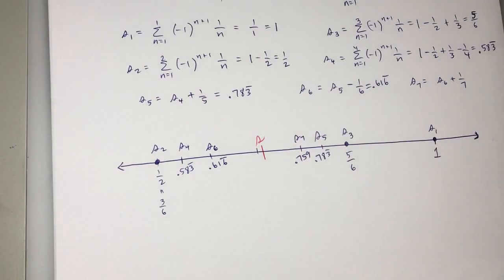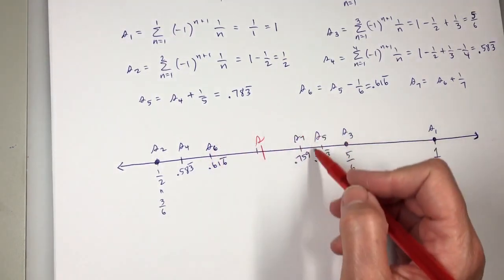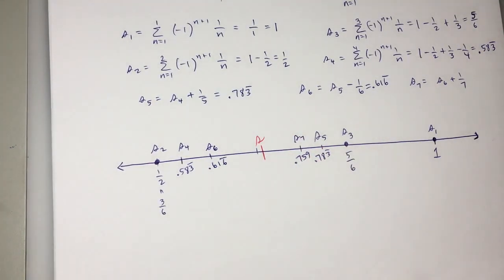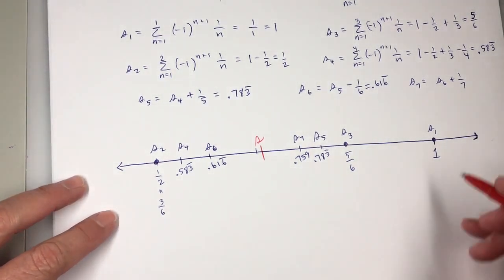S would be somewhere in there. Every time I add or subtract a term, I think of it like a ball bouncing. You know, you bounce one of these super balls, and so it's a high bounce, a lower bounce, lower, lower, lower. That's what's happening here with the partial sums.